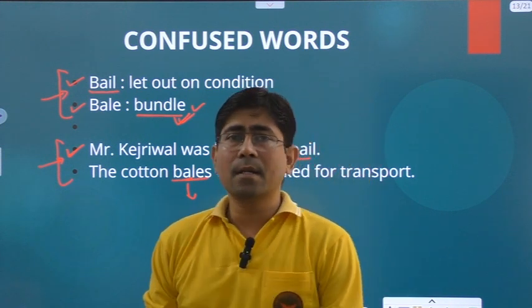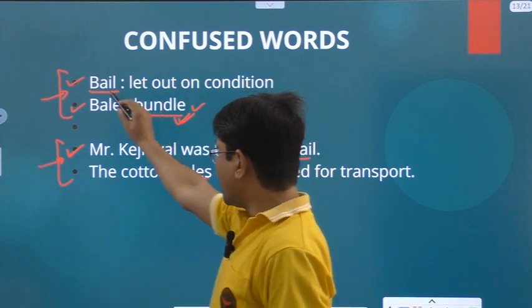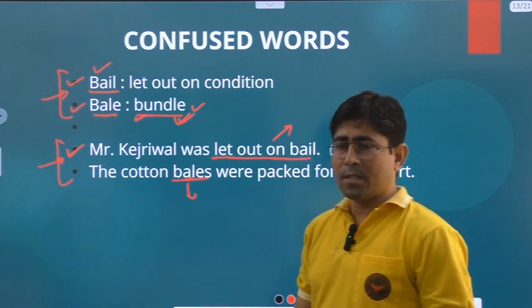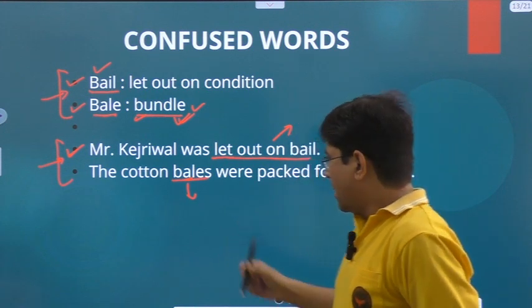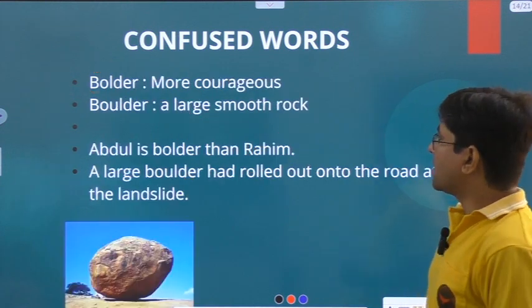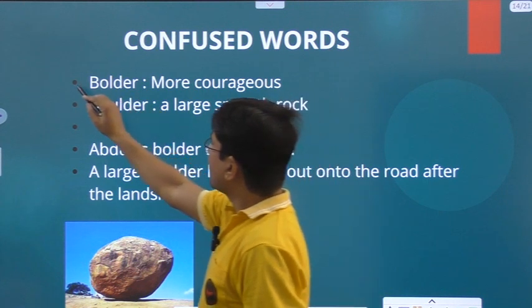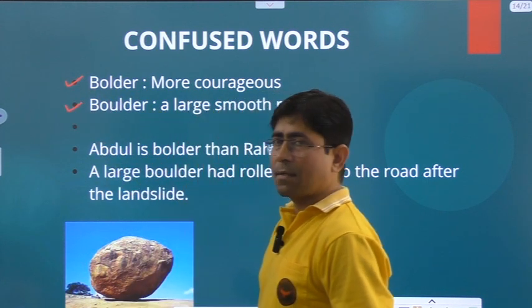If someone is allowed to come out from the jail, for that you can use bail, B-A-I-L, and bale means the bundle. Okay, I hope these 2 words are very clear to you, the meanings and the spellings. Okay, now let's move to the next words. Next words are boulder, B-O-L-D-E-R, and B-O-U-L-D-E-R.